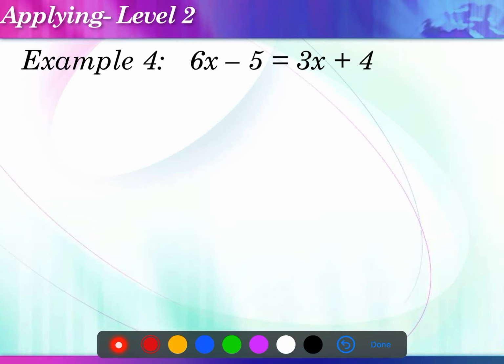Okay, now this is different than what we've seen before. I have a variable on each side of the equation. Okay, so if we had any distribution, we would do that first. Okay, since we do not, and there's no like terms, because that would be step number 2, we want to move, and this is just a rule of thumb.